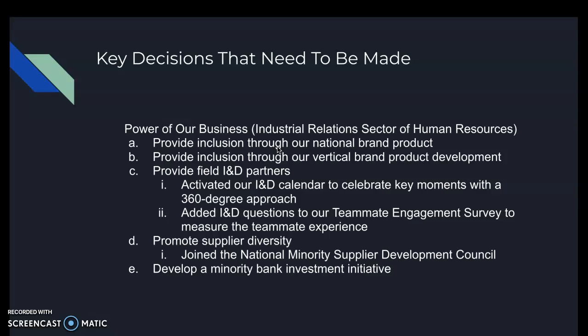For the power of our business, we can provide inclusion through our national brand product, provide inclusion through our vertical brand product development, and provide field and ID partners. We can promote supplier diversity, and by doing this, we've joined the National Minority Supplier Development Council and developed a minority bank investment initiative.